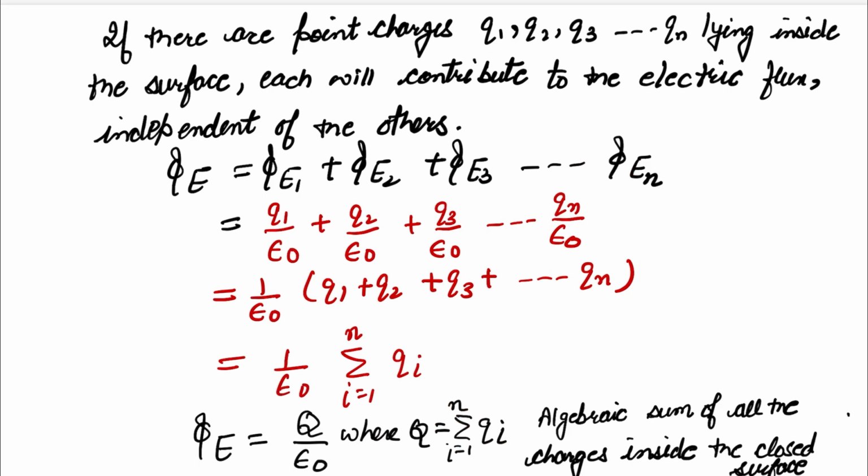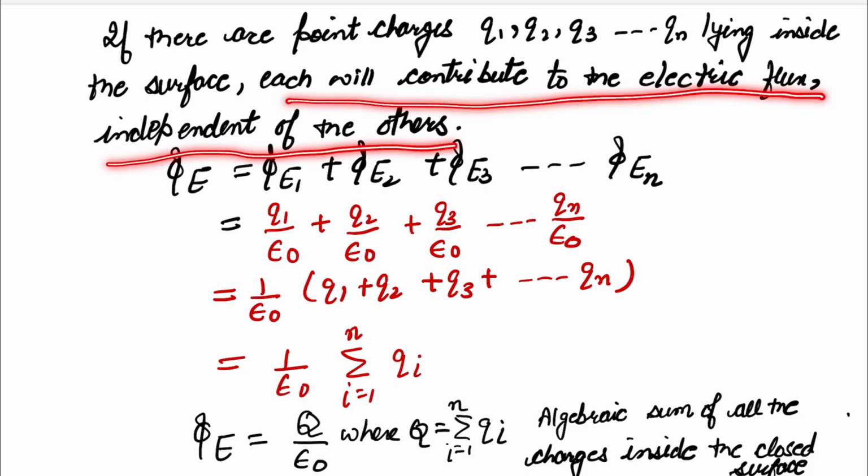Now, in the previous case, we have taken only one charge, right? But in real problems, you will have multiple charges inside the surface. Suppose we have Q1, Q2, Q3, Qn lying inside the surface. Each will contribute to the electric flux independent of each other.